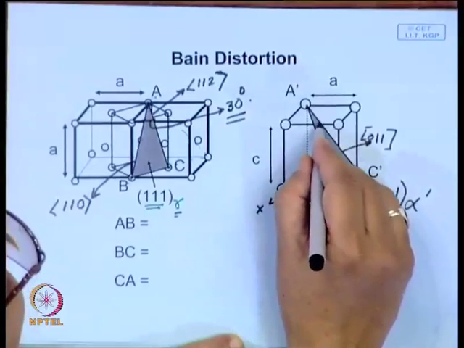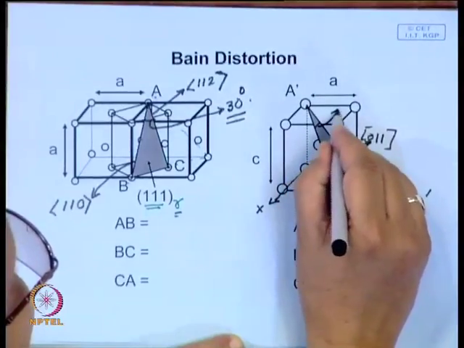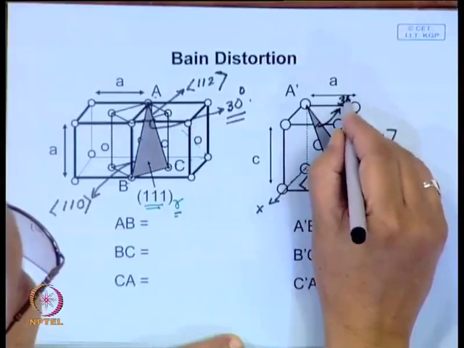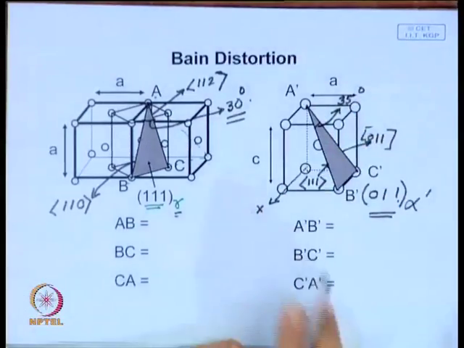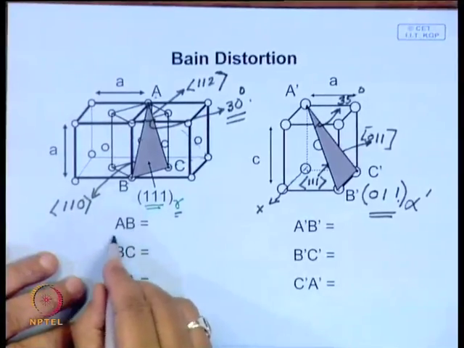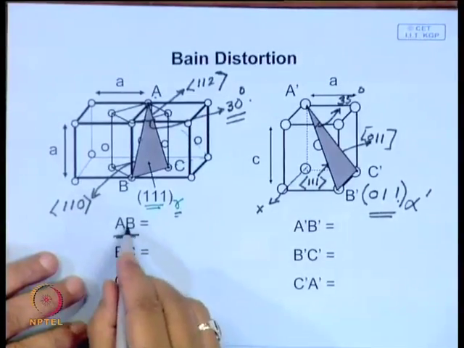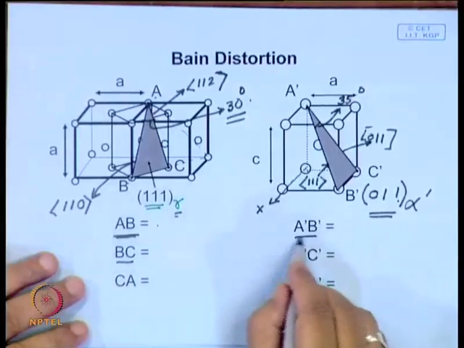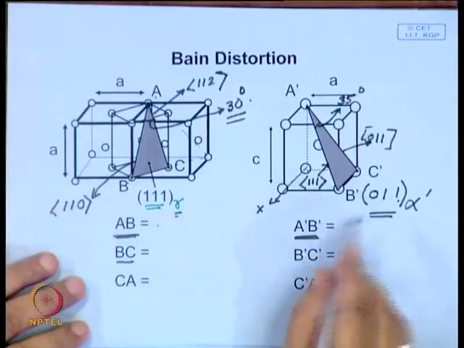If you find out the angle between these two, it may not be exactly this, but it is close. You may find this is around 35 degrees. So, in crystallography, these planes are almost similar, and I leave it as an exercise for you to find out these indices. This direction in austenite will be parallel to this direction in martensite.